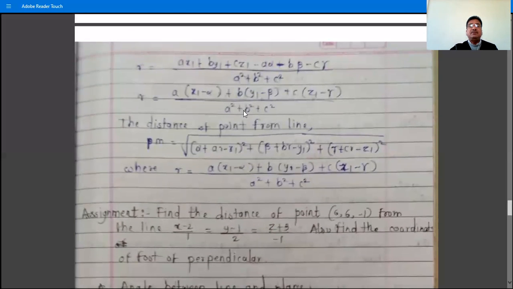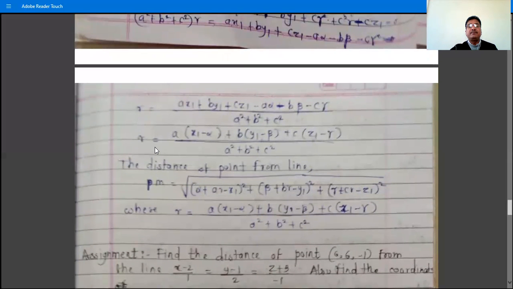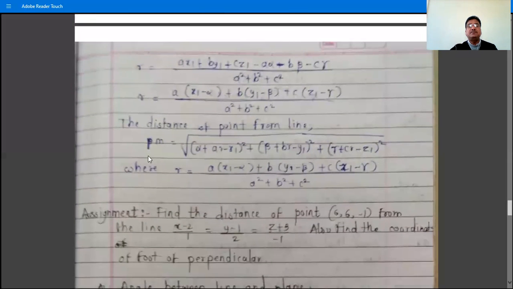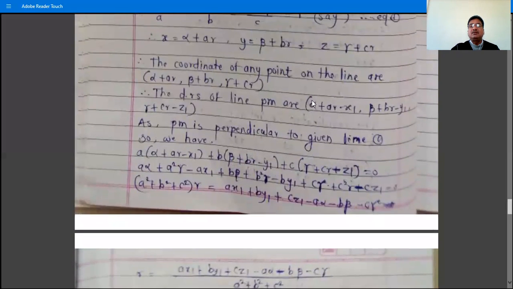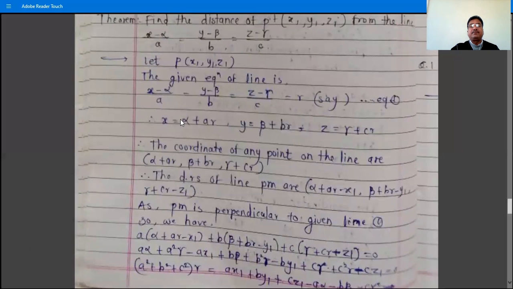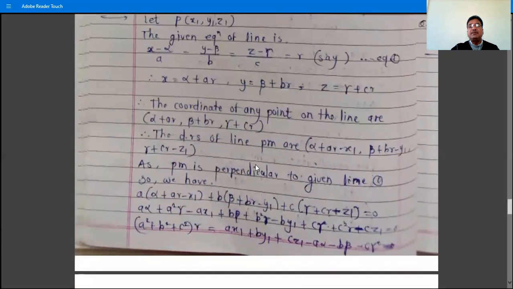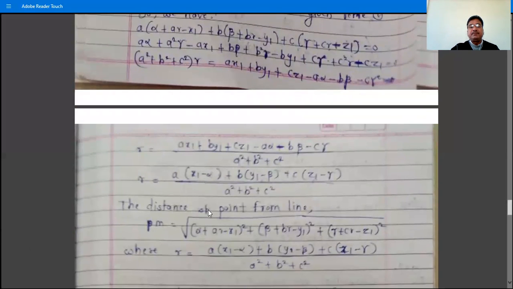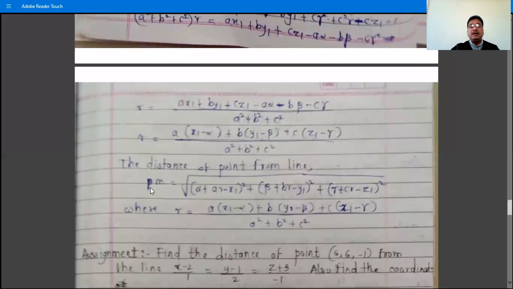And therefore, what is the distance PM? The distance of a point from a line means the distance between point P and M. PM, by using the distance formula, where the coordinates of M are alpha plus AR, beta plus BR, gamma plus CR, and the coordinates of point P are x1, y1, z1.